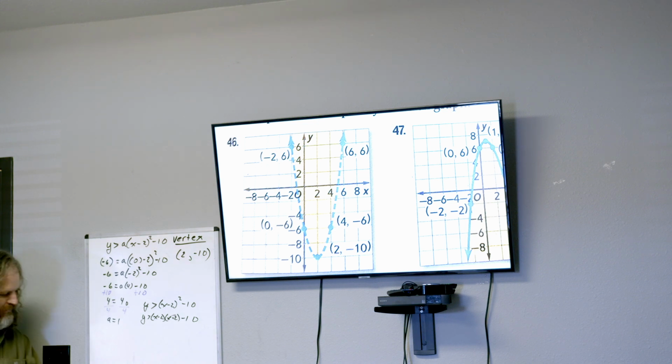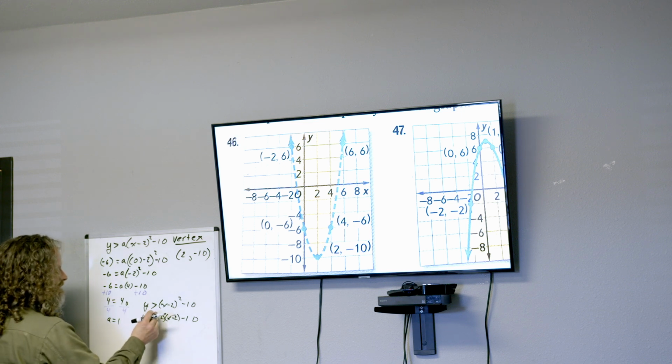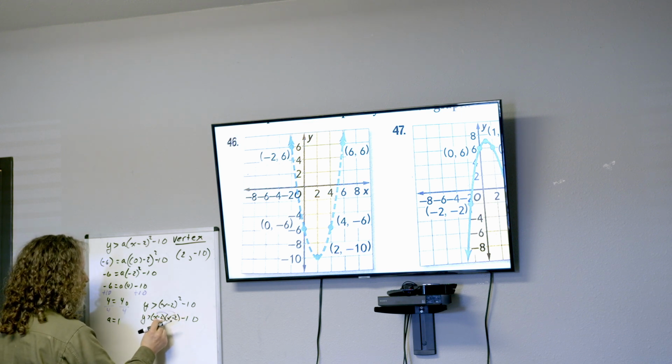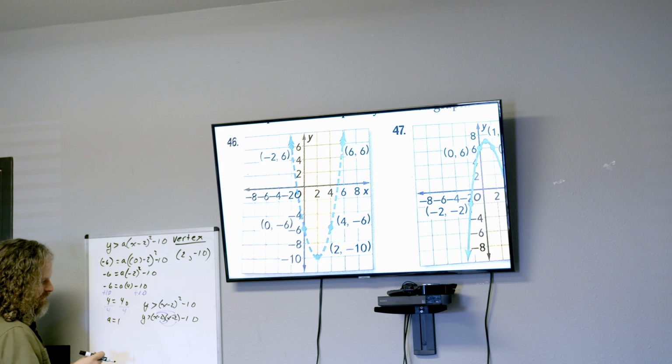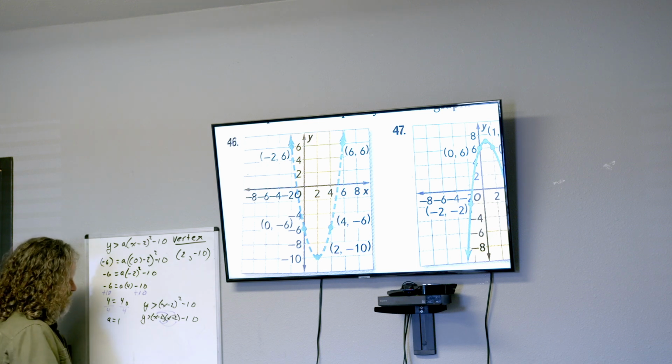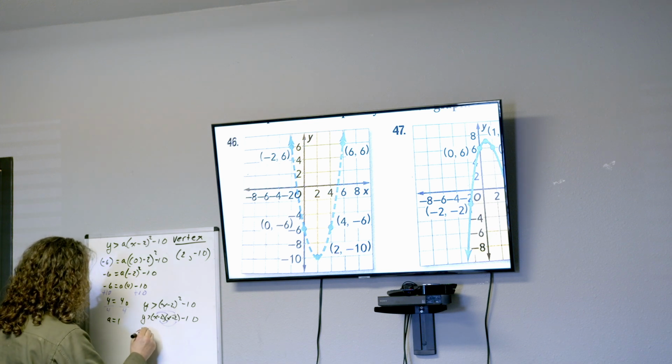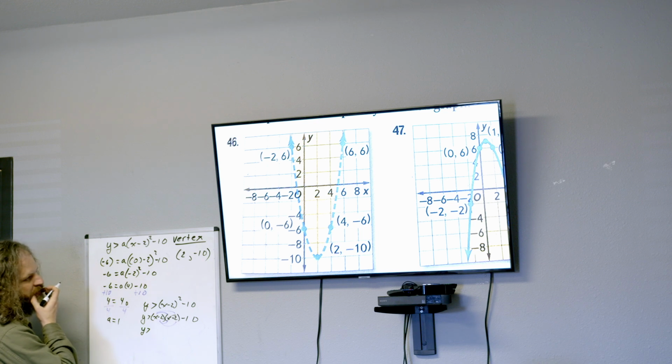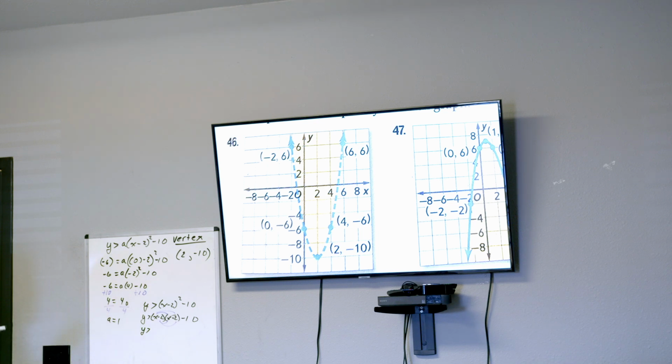We should FOIL it, yes. You scramble it up. x times x is x squared. There is a shortcut, by the way, to do binomials squared, which I have mentioned in this class before, and I will push you to use in pre-cal if you take my pre-cal class.